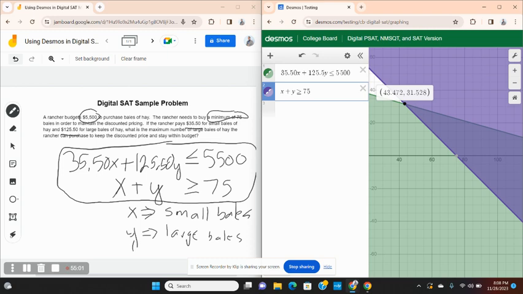The highest y value is 31.5, but we cannot buy 31.5 large bales of hay. So we would take the lowest integer before that number, which would be 31. So the answer to our SAT sample problem would be 31 large bales of hay.